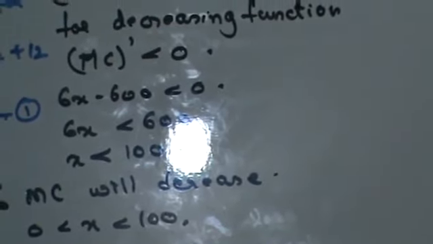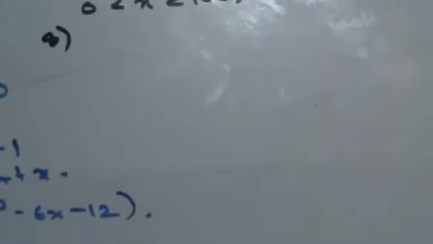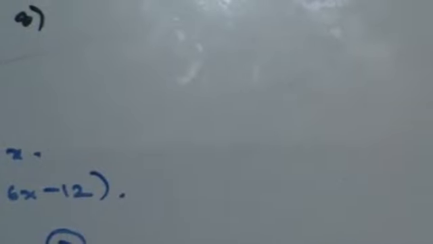Right? Take down another sum, guys. A rectangle has an area equal to 50.